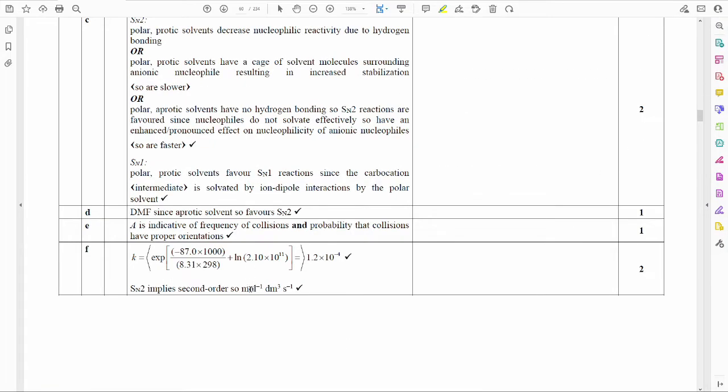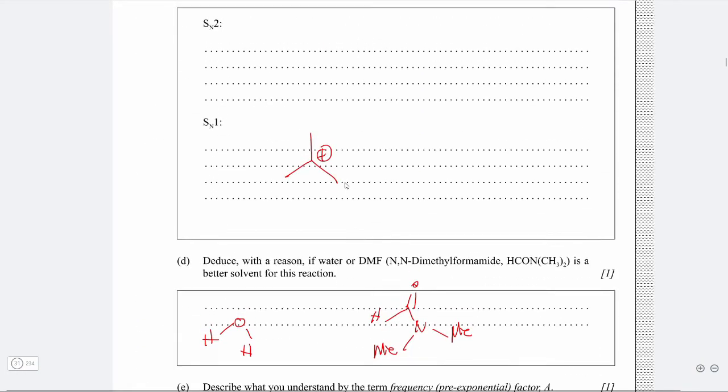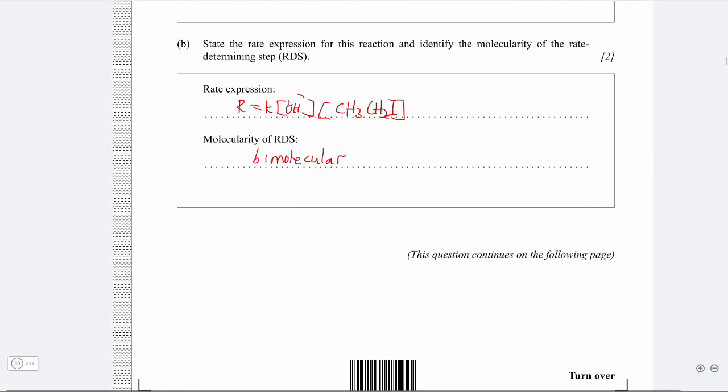Oh, and use the correct units. And you find the units by rearranging the units for this equation. So the rate is in concentration per second, while these two are both in concentration, so concentration squared. So the units for k turn into 1 over second and the concentration.